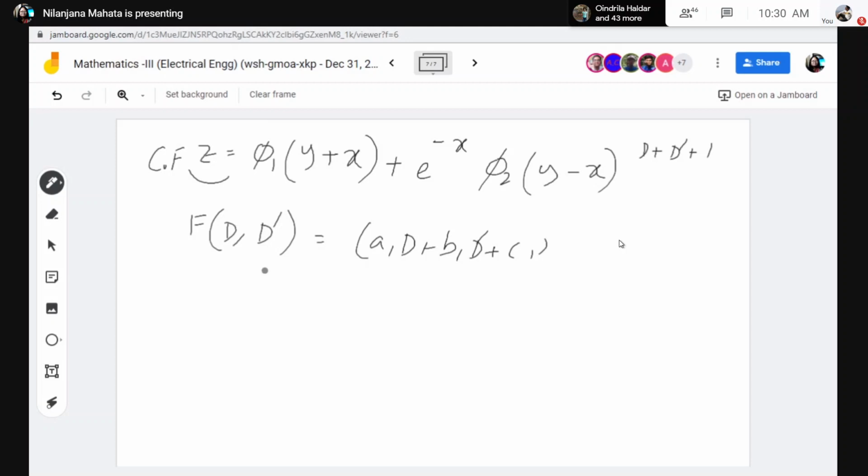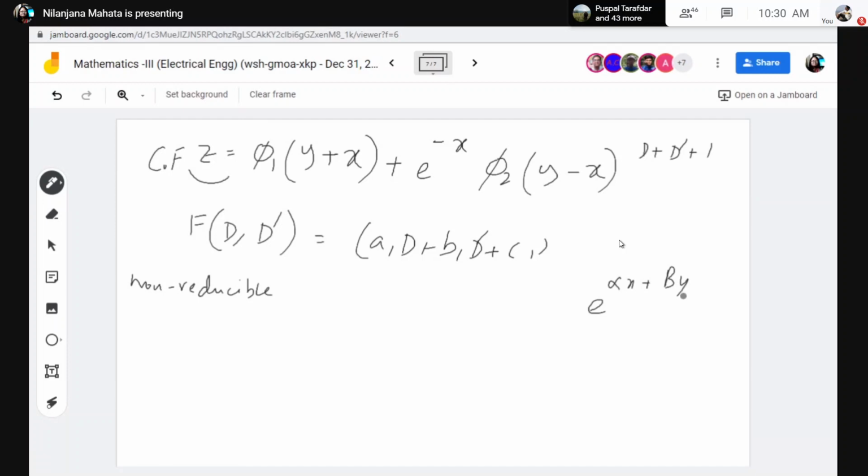But for the other part, which is non-reducible to these factors, we will take a trial solution like e to the power alpha x plus beta y.